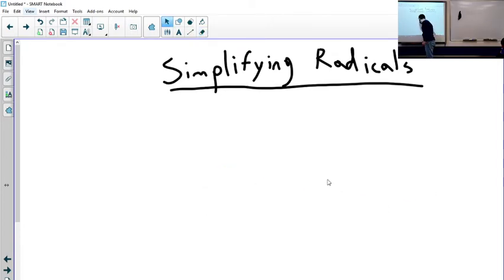Once again, I'm going to ask if the square root can be simplified, then simplify it.